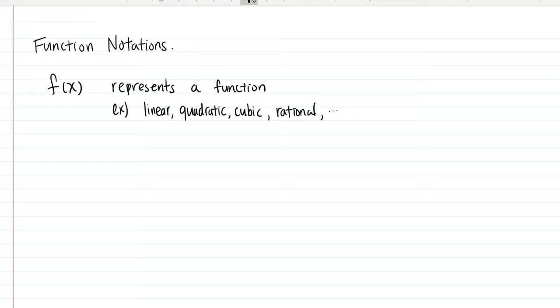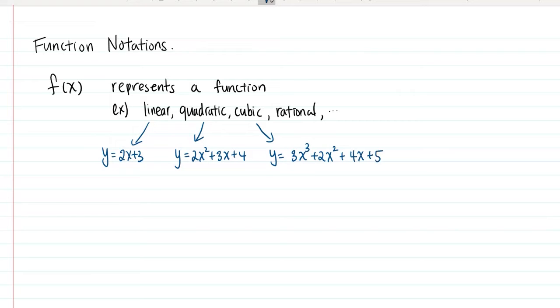The linear ones are like y is 2x plus 3, quadratic, cubic, and rational. These are examples of functions. The value of x in the bracket represents the input value to your equation.